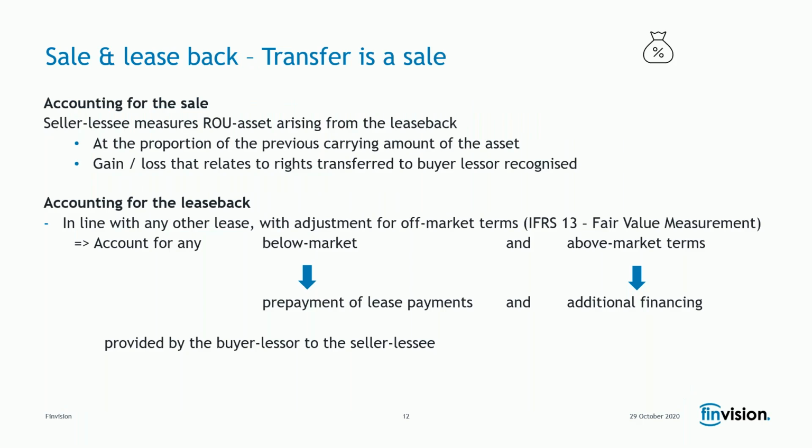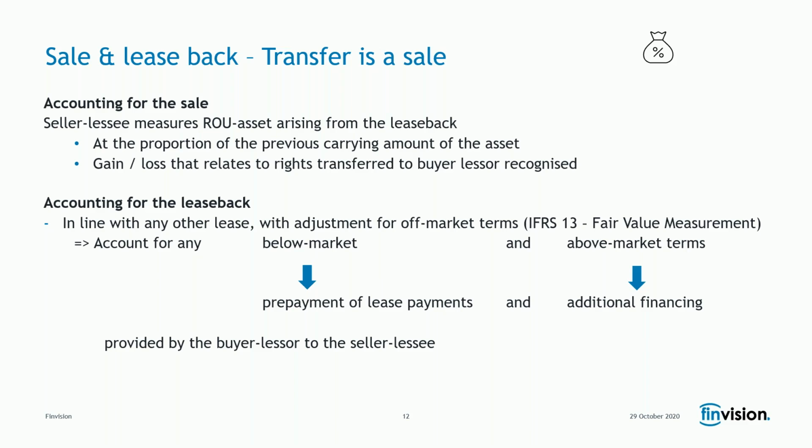Moving further, if there is a transfer of sale, then first of all, you need to account for the sale. So the seller lessee will measure a right of use asset arising from the leaseback. Later on, we will have a specific example which makes it easier to understand the specific setup.